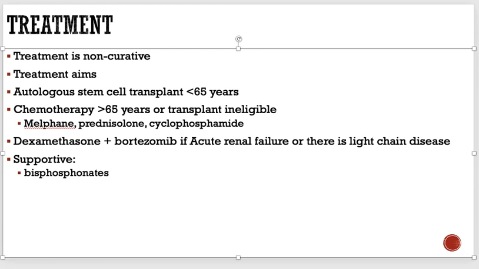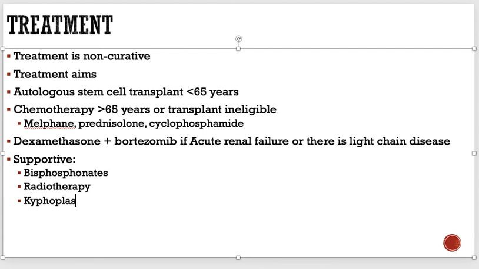If they have lytic bony lesions or osteopenia, you can give them bisphosphonates. If they have too much bone pain or spinal cord compression, we can give them radiotherapy to reduce their pain. If they have vertebral fractures and too much pain, we can do kyphoplasty.